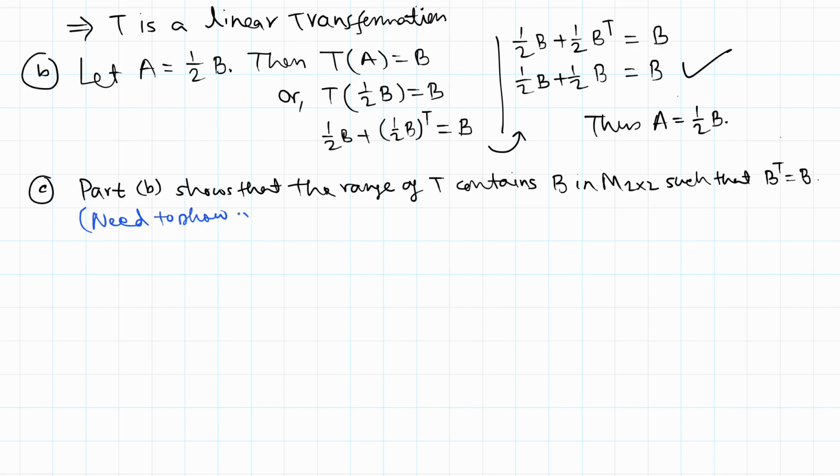We need to show that any B in the range of T has this property. For 1B we saw that happened, but we need to show any B in the range of T has this property.